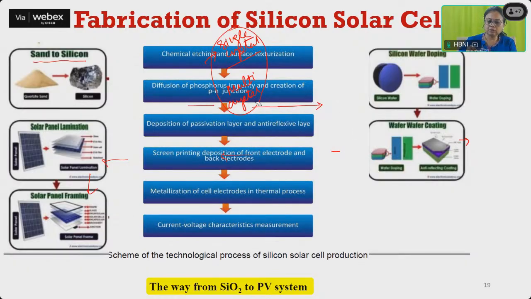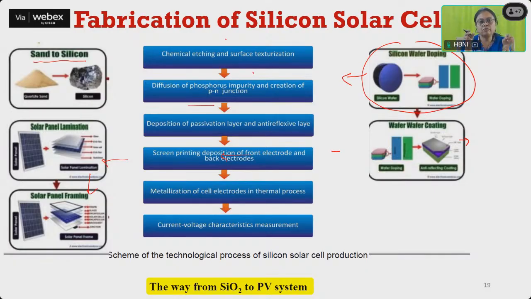And if we come to the actual fabrication, what happens? We said that silicon wafer doping is there. So how are the p and n layers formed? When we are talking about a p-n junction, it is not that a p-type semiconductor and an n-type semiconductor come and stick together.